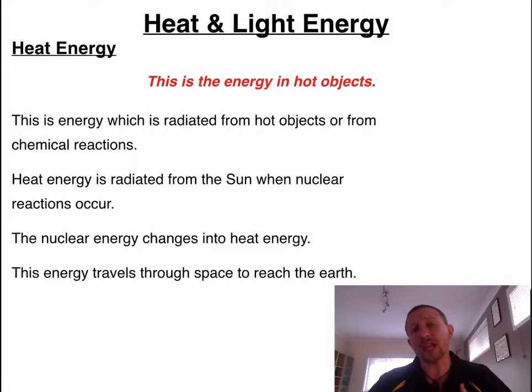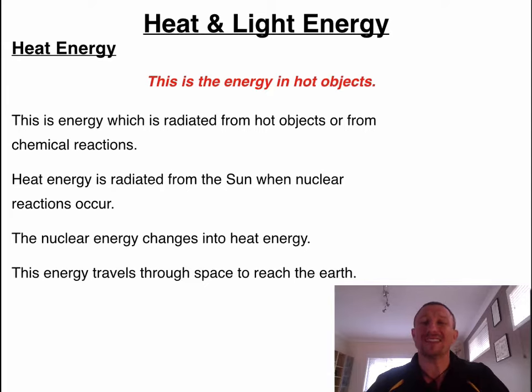More often than not, heat is a waste energy. So during an energy transformation, it's given off. So for example, in the car, the chemical potential energy is converted into kinetic energy, but you're also going to get heat generated. Now that heat given off actually comes from that chemical potential energy.